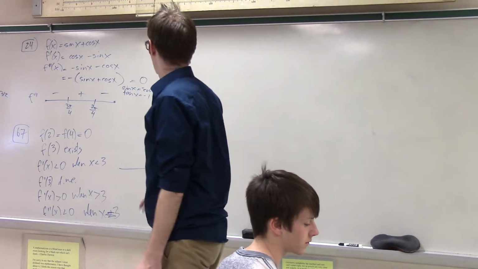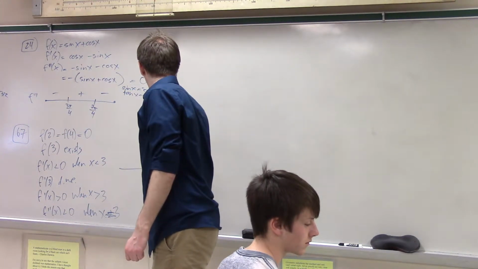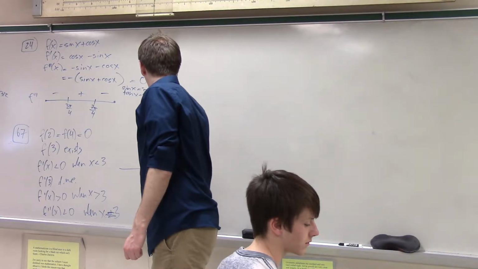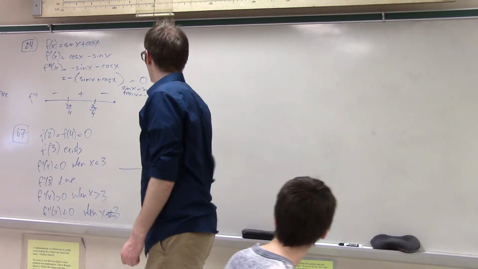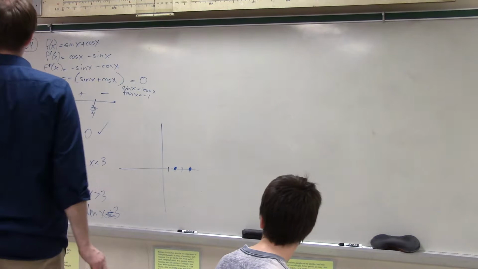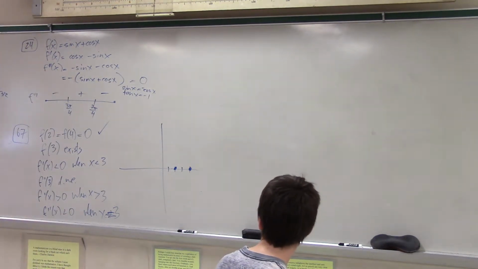Let's do that. Here is 2. Here's 4, so it's 0 here and 0 here. So check. f of 3 exists, and the derivative exists everywhere except for 3. So this function must be continuous and not doing anything particularly weird.